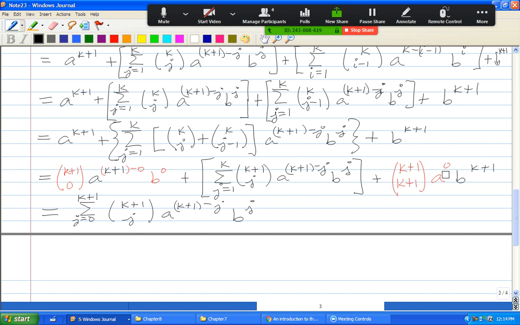So (k+1) choose (k+1), we know that that's 1. A to the 0, which is k+1 minus (k+1), well, that's 0.